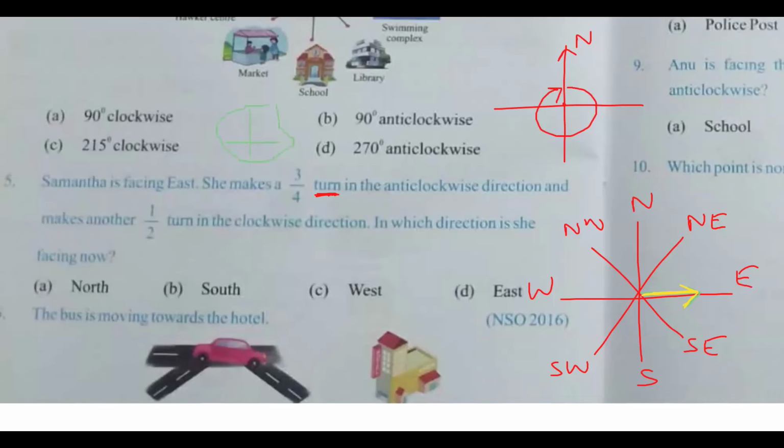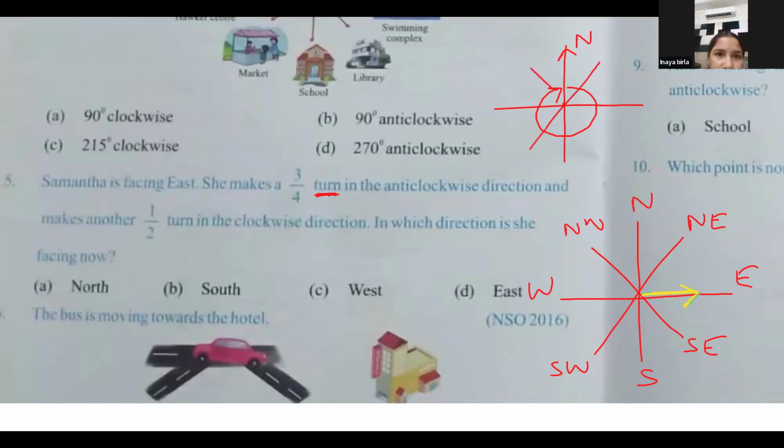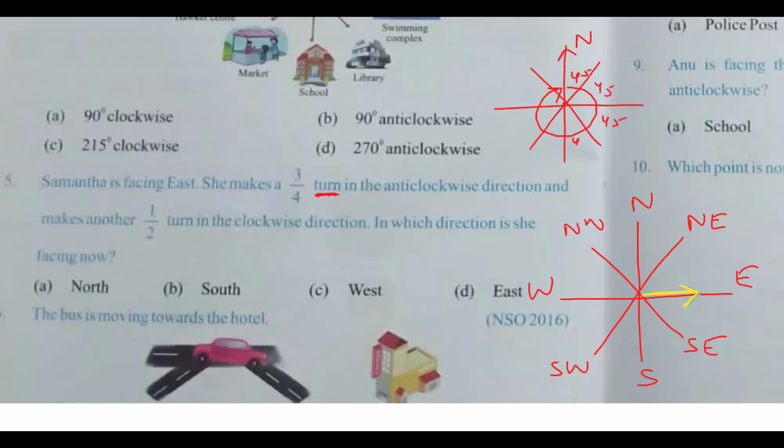What do you think should be the degree? Yes, Anaya, wait. Think. See, when we talk about directions also, each turn is 45 degrees, no? 45, 45, 45, 45. So what do you think one complete turn should be, how many angles?